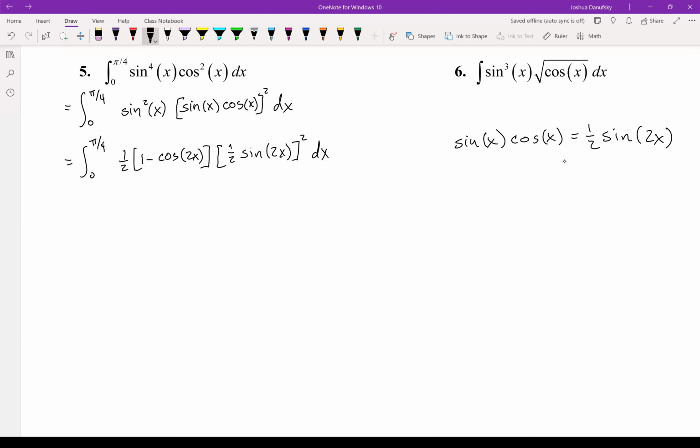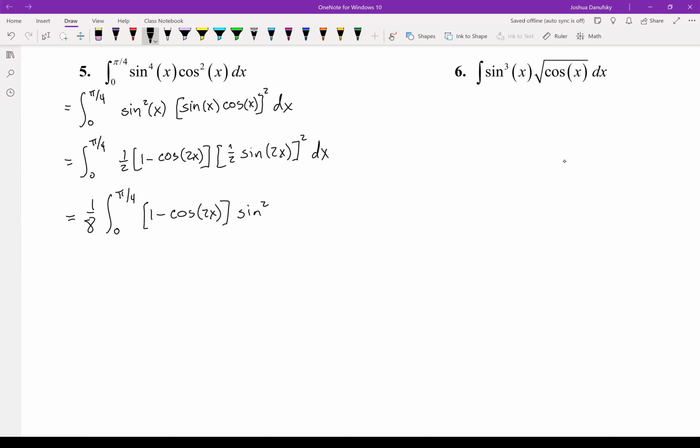Now we're here. So I'm going to factor out the half, and I'm also going to factor out this 1/4, because it's a half squared. So we're going to get 1/8 on the outside, integral from 0 to pi over 4. We have 1 minus cosine 2x, like that. And then here we just have sine squared 2x, like this.